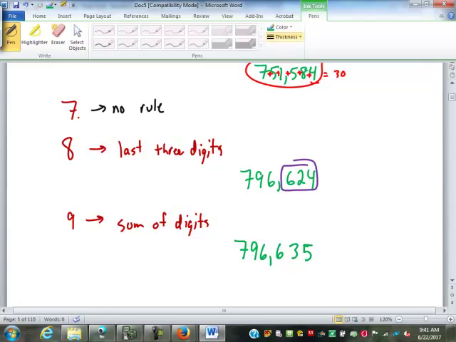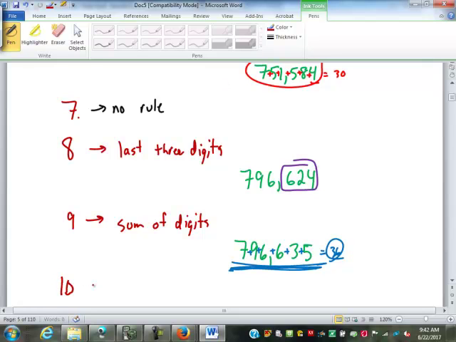So if I add them up, what is 7 plus 9? 16 plus 6? 22 plus another 6? 28 plus 3? 31 plus 5? 36. Is 36 divisible by 9? Yes. So that whole number is divisible by 9.